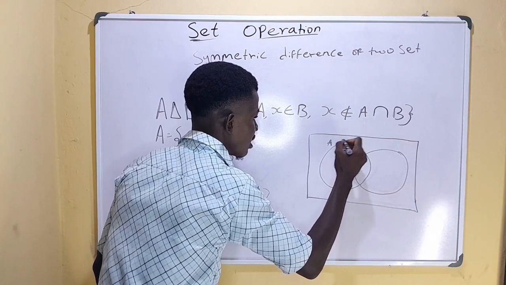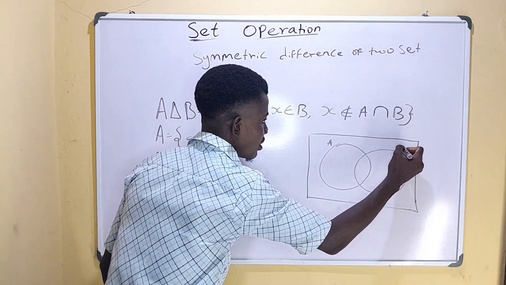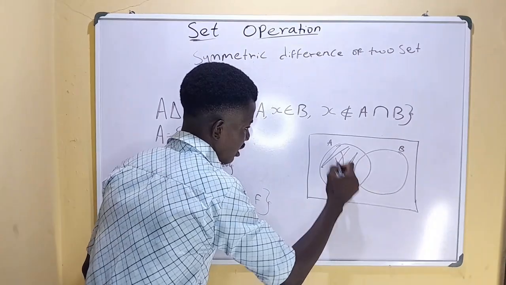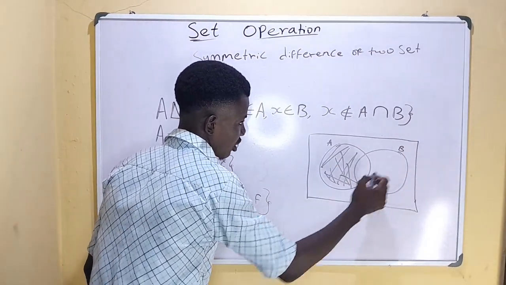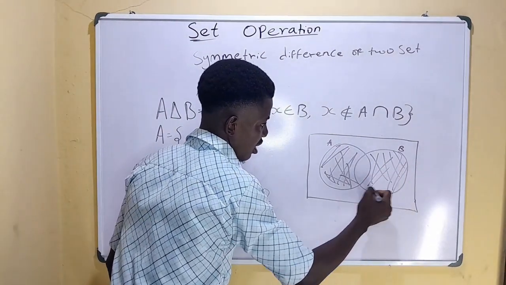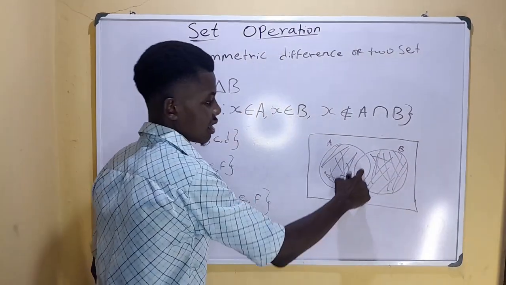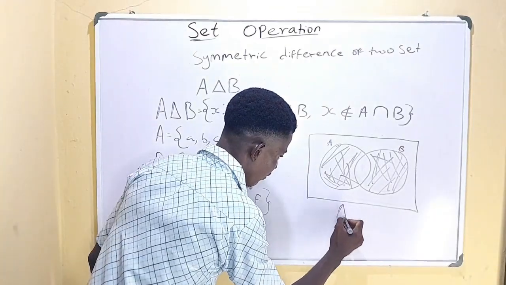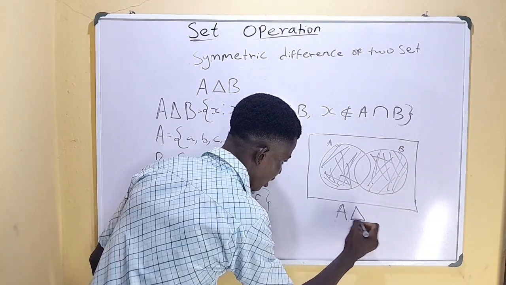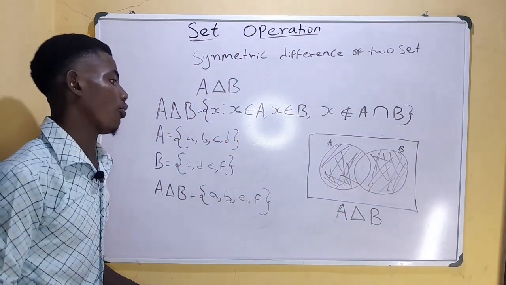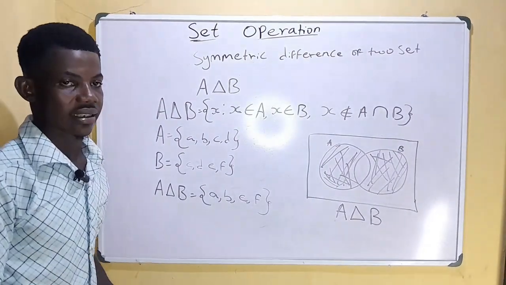Here is A, here is B. So it's all those parts that are not in the intersection, here, but the intersection is not included. So this is a Venn diagram for the symmetric difference of two sets.